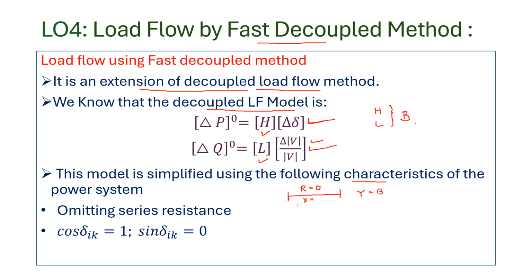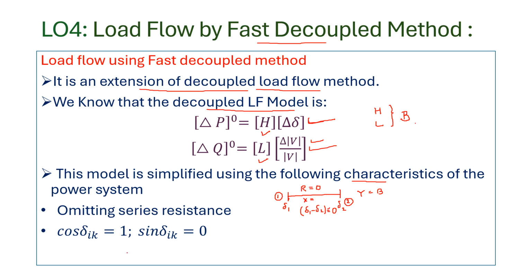Suppose this is the transmission line we have, this is bus number 1 and bus number 2. Here is delta 1 and here it is delta 2. Let these be the phase angles. Now the difference is delta 1 minus delta 2. This difference is very small, almost equal to 0.